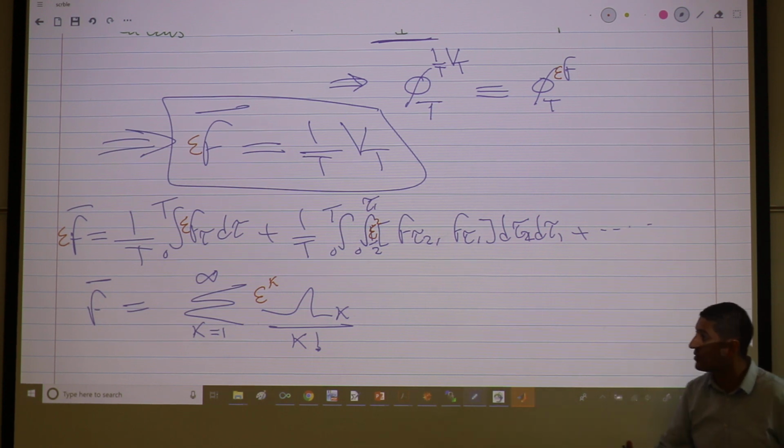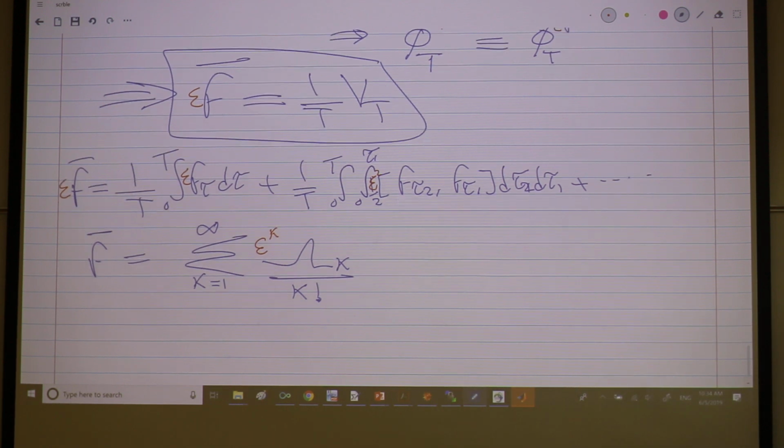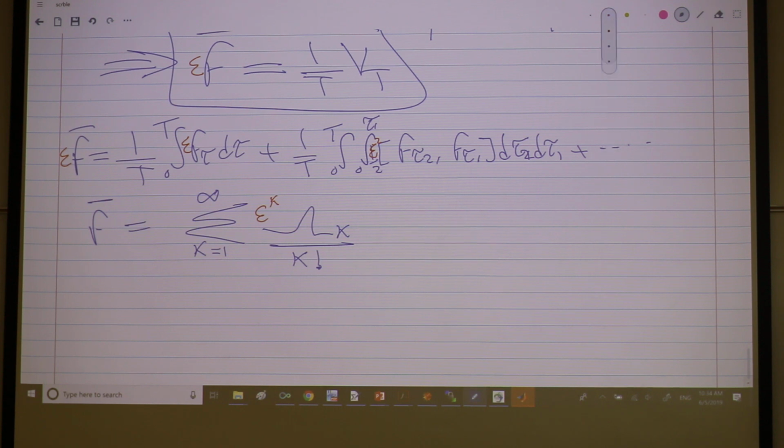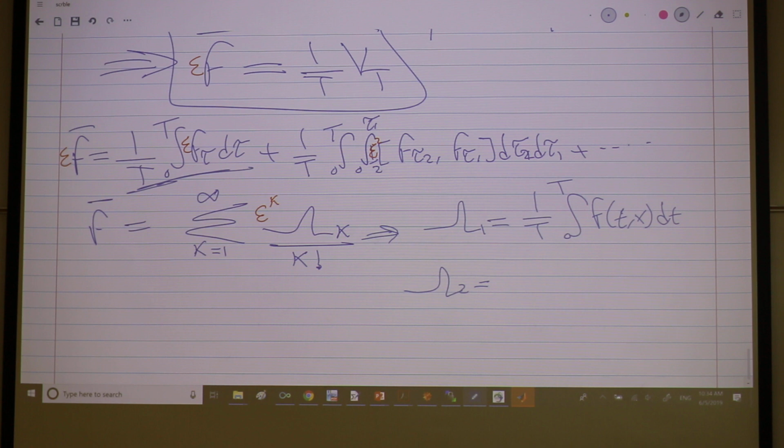If epsilon is small, actually I'll show you what is the first lambda. Obviously here is the first lambda. So lambda 1 is just the average of f. This is the first order averaging. What is lambda 2? Well, here is lambda 2. So take the epsilon squared.